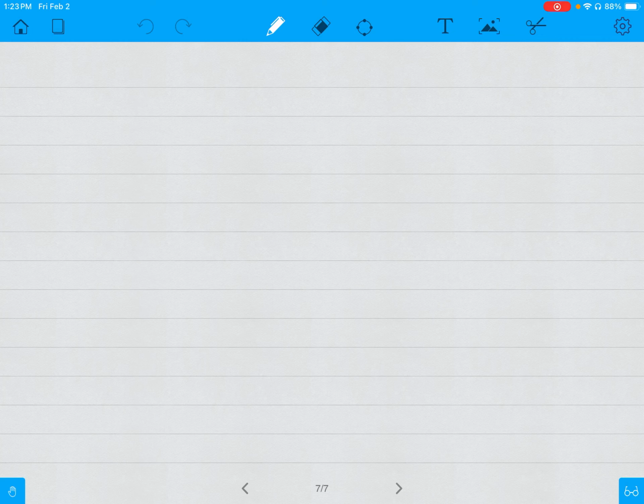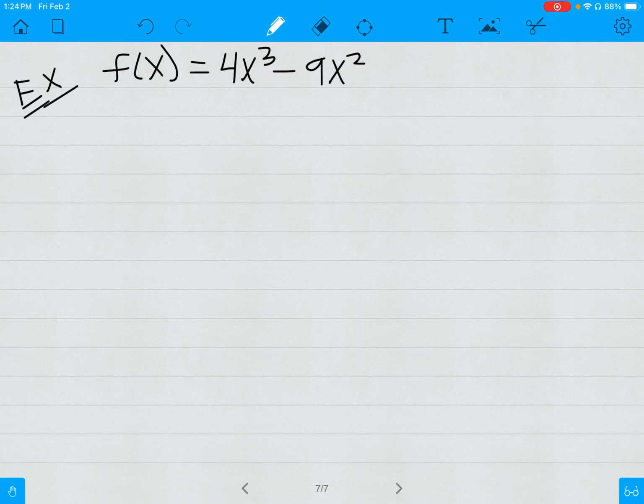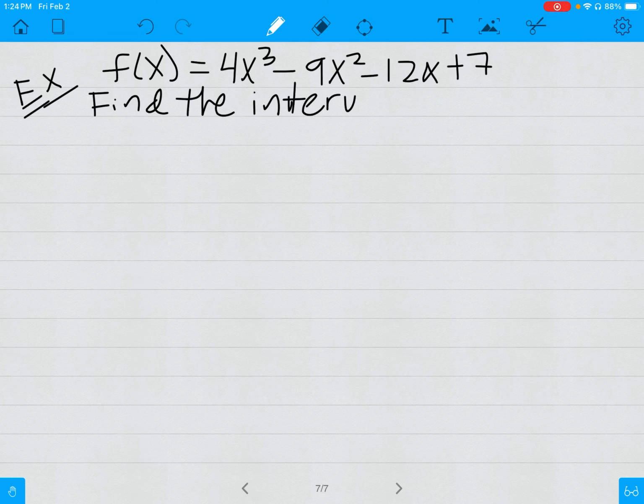The function I'm going to be looking at is f of x equals 4x cubed minus 9x squared minus 12x plus 7. And we want to find the intervals on which the function is increasing and decreasing.